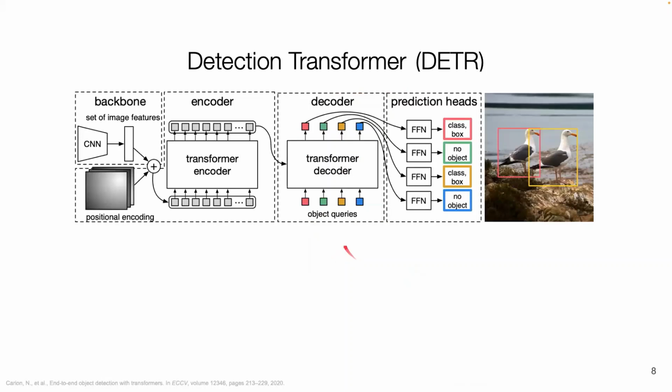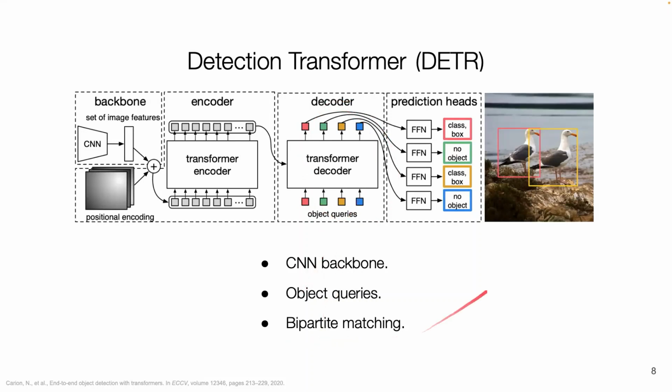Even improving that further, we have Facebook's detection transformer method, or DETR. DETR uses a CNN backbone, learnable object queries here in this step, as well as introducing bipartite matching in the final step, forcing a one-to-one matching between prediction boxes and their ground truth boxes.